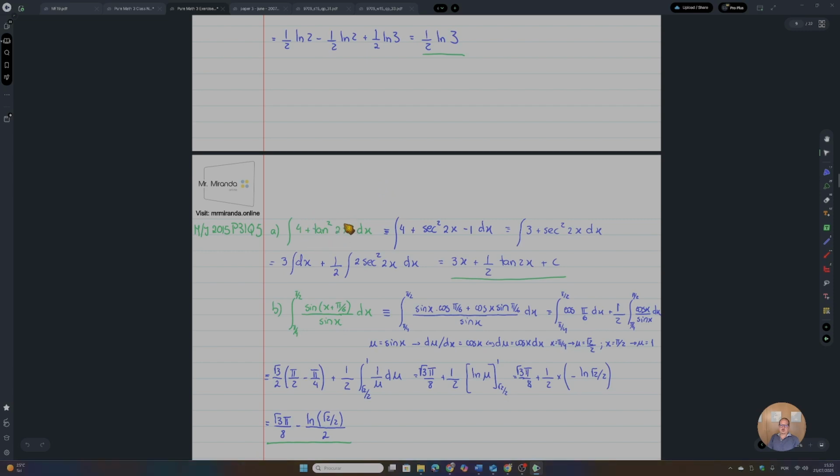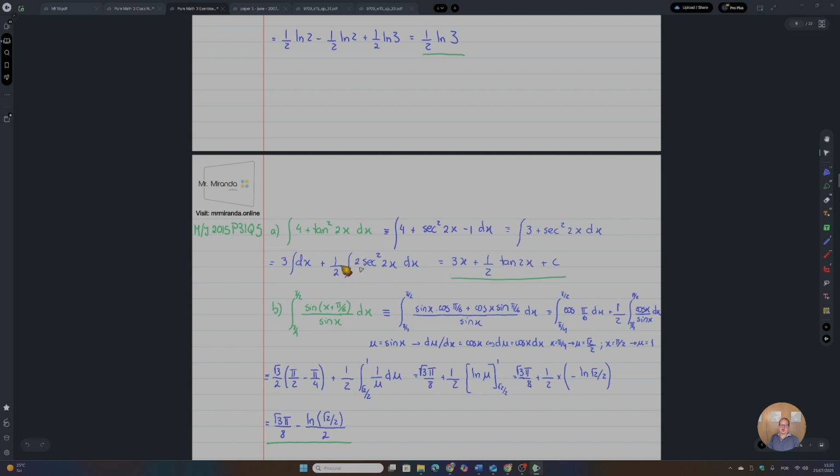Okay, that's your role as a Pure Math A2 student. You need to use the toolbox in order to solve a problem. So this equals what? This equals sec square of 2x minus 1. 4 minus 1, that's just 3. You divide this into 2 integrals. And here I use a change of variable, but you should know as a standard result that the integral of sec square of 2x is just tan of 2x over 2.